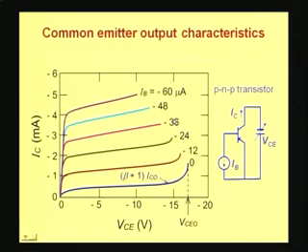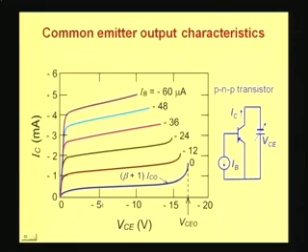For instance, for a base current of 36 microamperes, your collector current is of the order of 3.6 milliamperes. Okay? So there is a factor of 100 difference between the two. Now the collector to emitter voltage is, you can see, of the order of a few tens of volts.